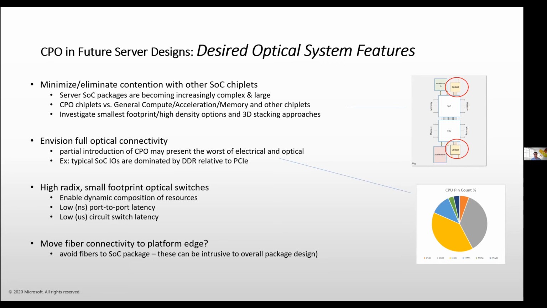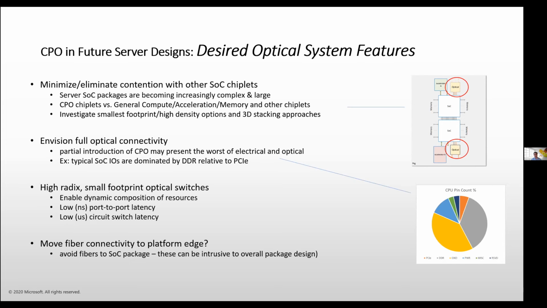Another thing is we need to envision what full optical connectivity looks like all around our SoCs, right? So if the long pole and the dominant source of IOs in a CPU, in an SoC, is something like DDR, if you look at the pie chart at the bottom right, the gray piece and the orange piece is all related to DDR data signals and ground signals.